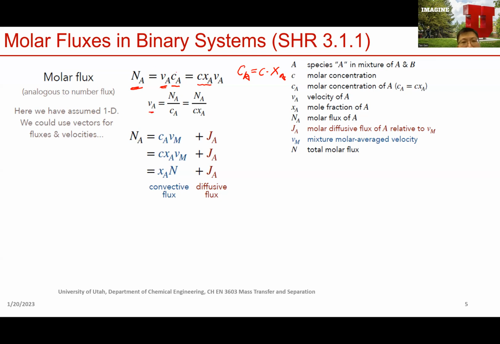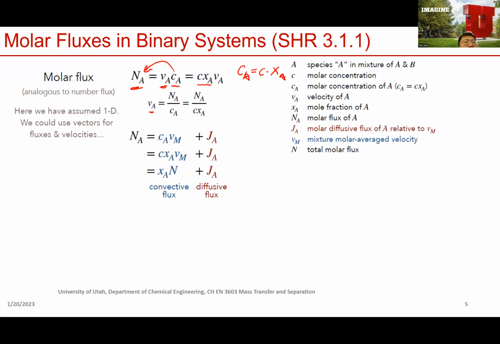So if you rearrange this equation, moving C_A to the left, we will get this equation, where the velocity of A is the ratio between the molar flux of A divided by its concentration, right? Now, let's drill down on this further.